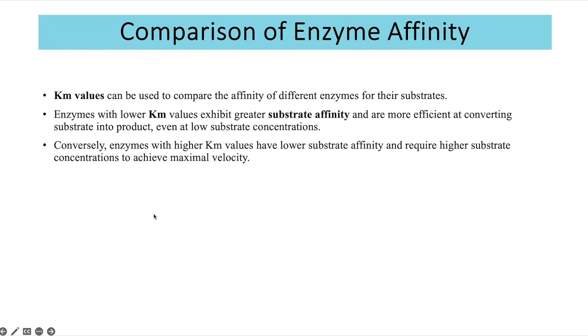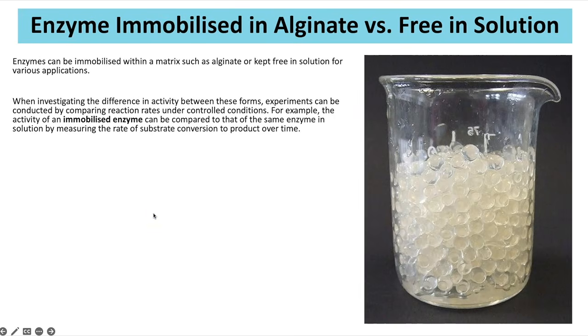You also need to be aware of immobilized enzymes compared to enzymes free in solution. Enzymes can be immobilized, meaning fixed, within a matrix such as alginate, or they could be just free to move around within a solution.